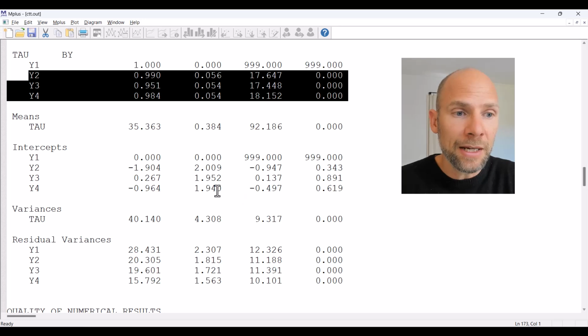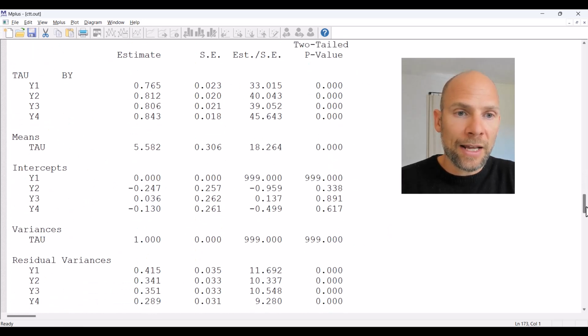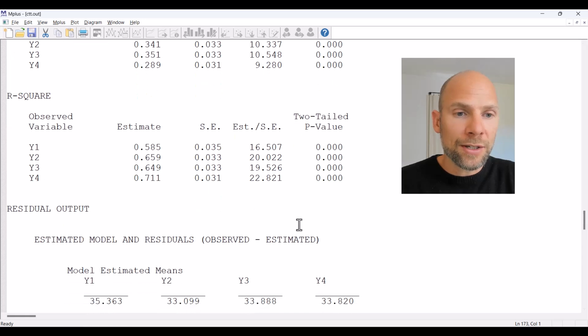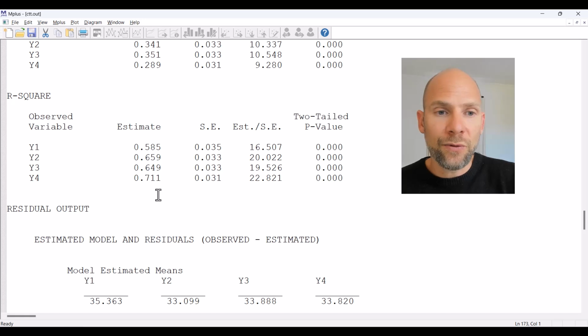We get the mean, we get the intercepts here, and the true score variance, as well as the residual variances, which are all different. And at the very end, under the standardized solution, you get your R-squared values that indicate reliability of these 4 scales, which here range from 0.585 to 0.711.